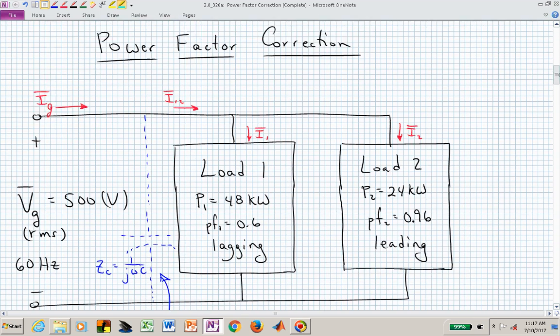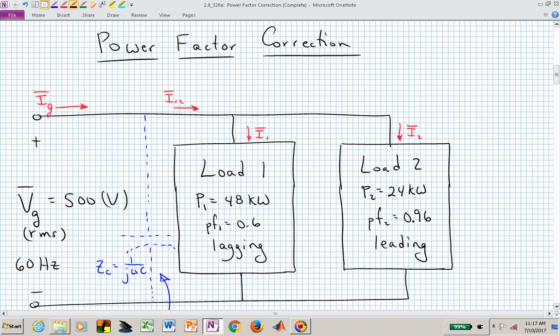Here's the example that we are going to use for illustrating the power factor correction technique. We have two loads, and you've already looked at load number 1 in quiz 2.2, I believe. In an earlier quiz you tried to find the complex power of load 1 given the information included in this box.